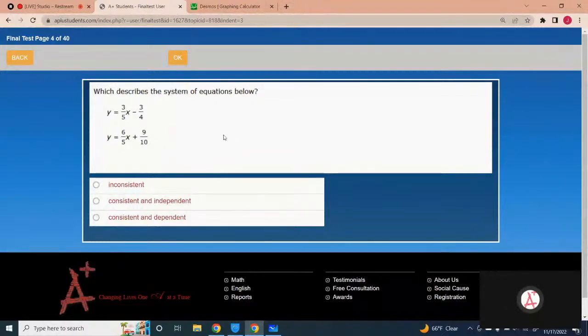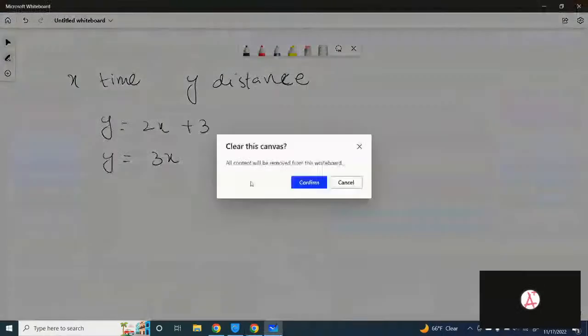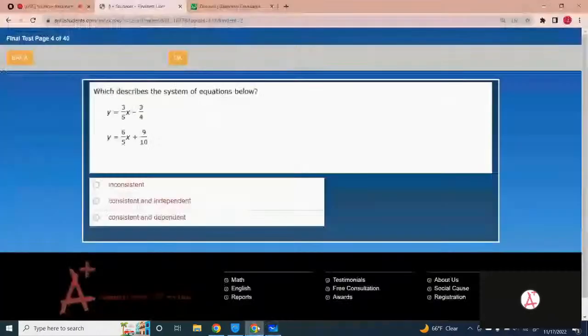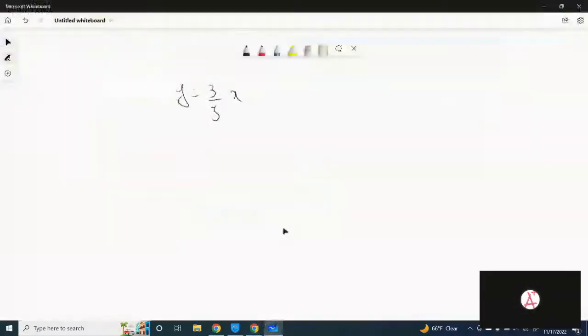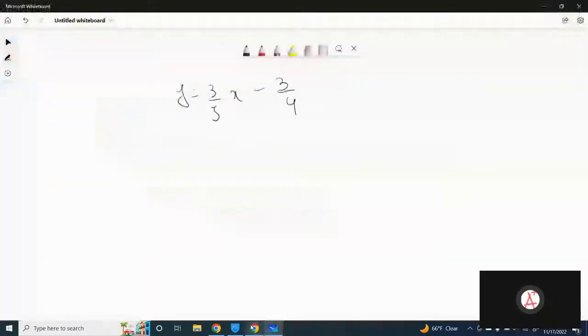Now you have two equations. The first is y equals 3 over 5 x minus 3 over 4, and the second equation is y equals 6 over 5 x plus 9 over 10.